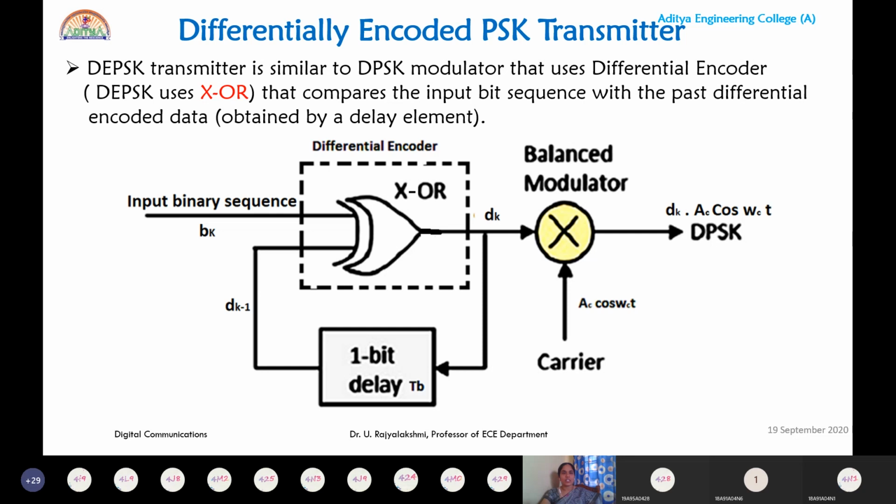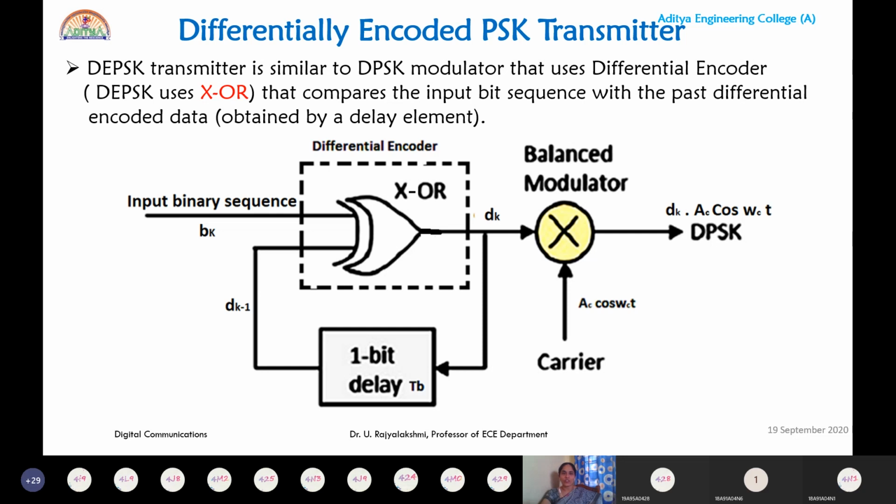DEPSK is obtained by using an XOR gate, and our old technique, that is DPSK, is obtained using an XNOR gate. So the equation is the same, dk into Ac cos omega ct, but dk is obtained from the XOR gate, not from the XNOR gate. But dk is unipolar energized.